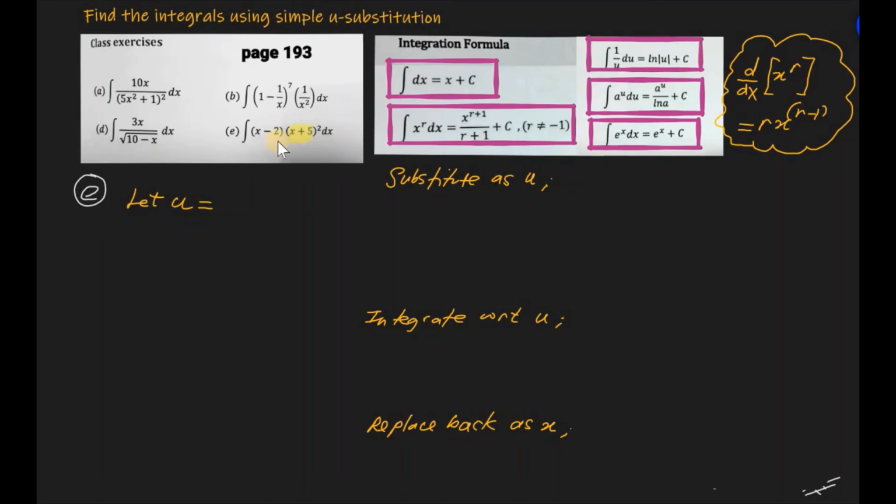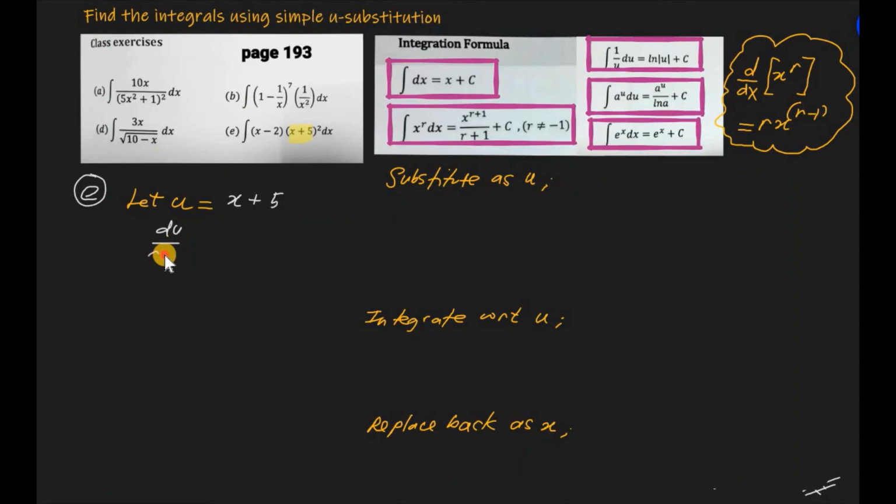So the appropriate u here in this case is x plus 5. Because we would like to simplify our integral in terms of u, and when we simplify, we would like to have something that is easy for us to integrate later on. So here I'm choosing u as x plus 5 only.